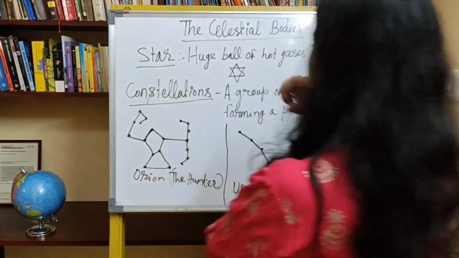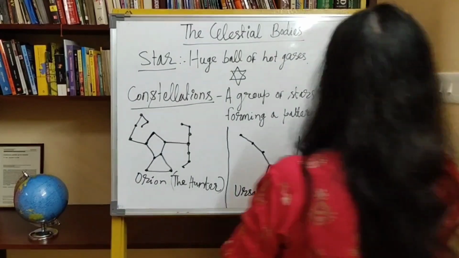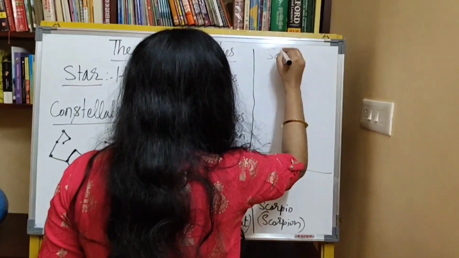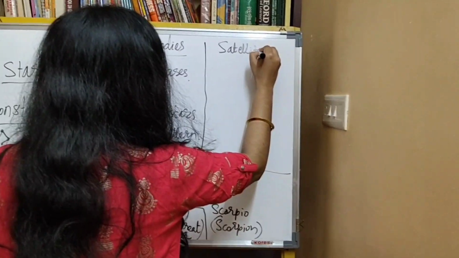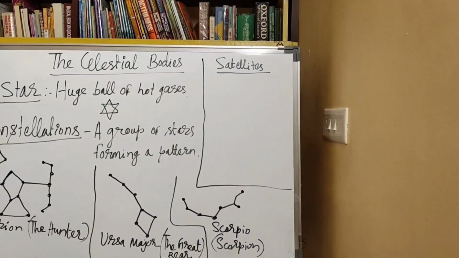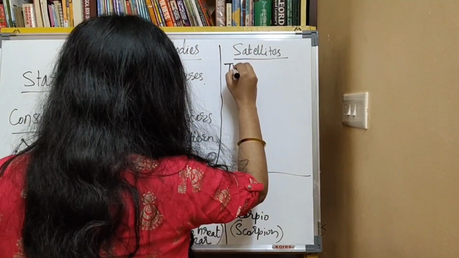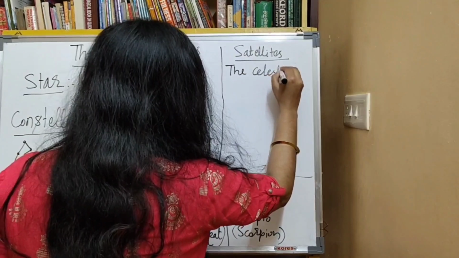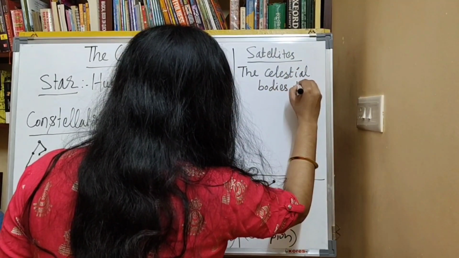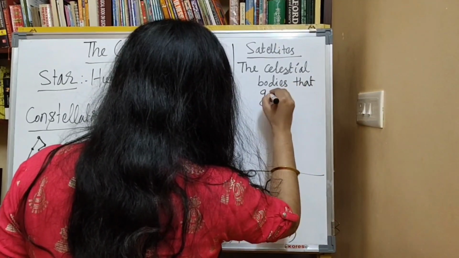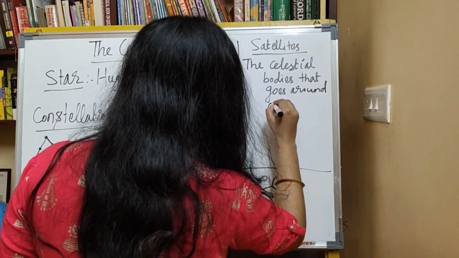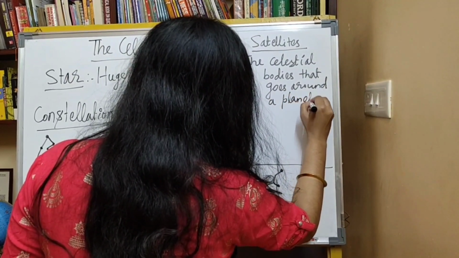So how does it look? Yes, I'll write here. What I just told you, the celestial bodies that go around a planet, that is called your satellites.